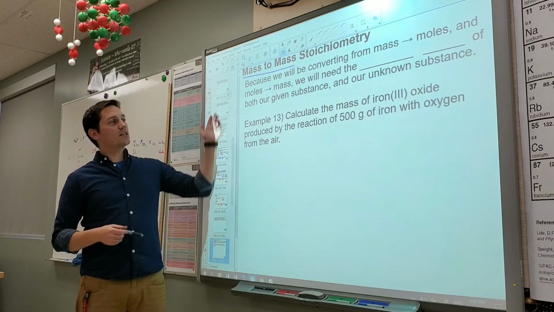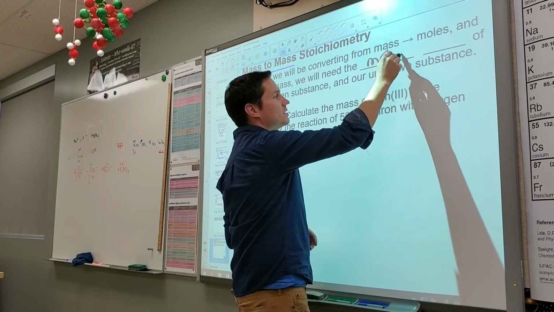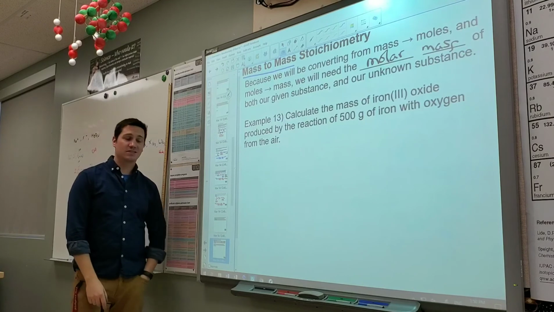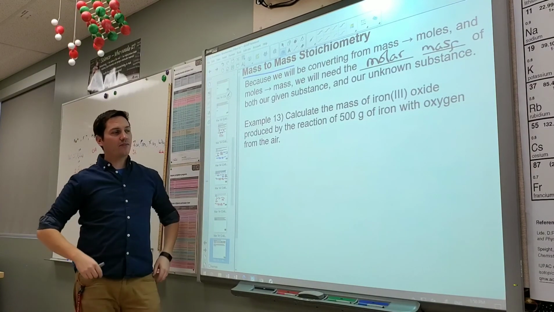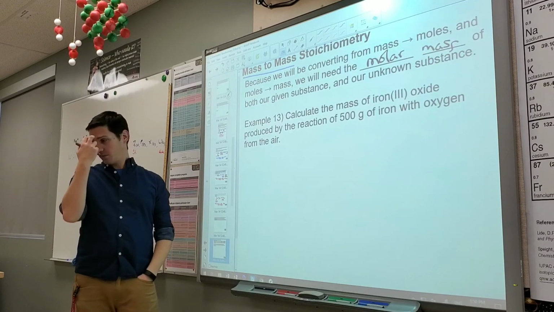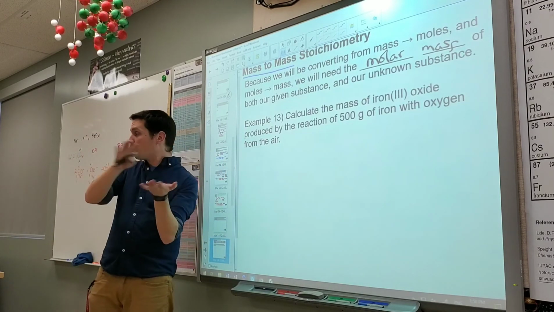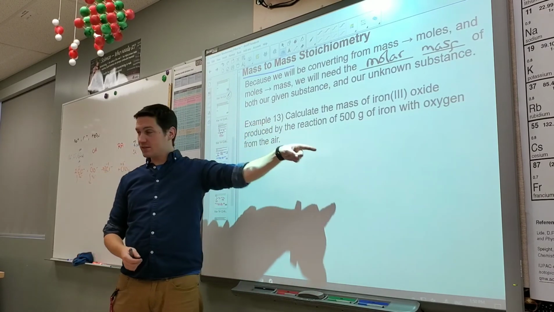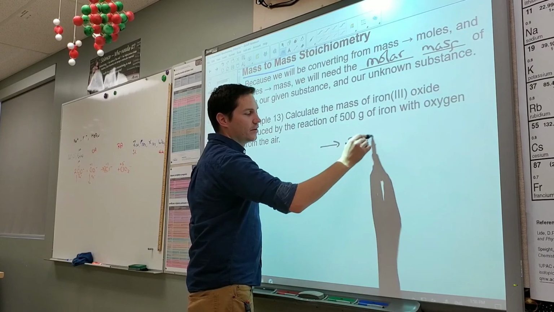Okay. Because we'll be converting from mass to moles and moles to mass, we will need the molar mass of both substances. Example: calculate the mass of iron 3 oxide produced by the reaction of 500 grams of iron with oxygen from the air. You see these types of questions worded this way? Calculate the mass of this thing produced by this thing.